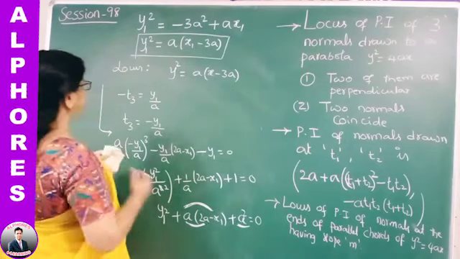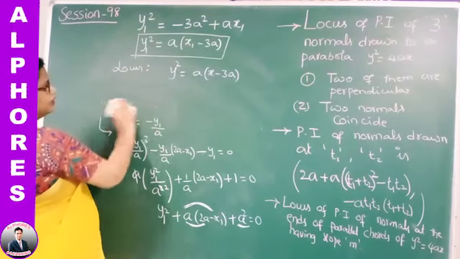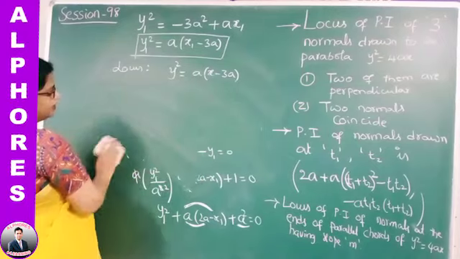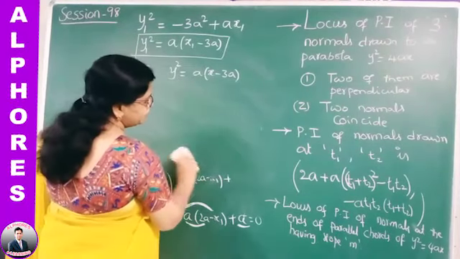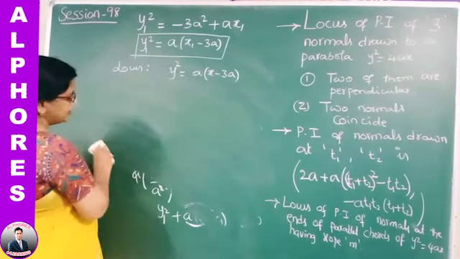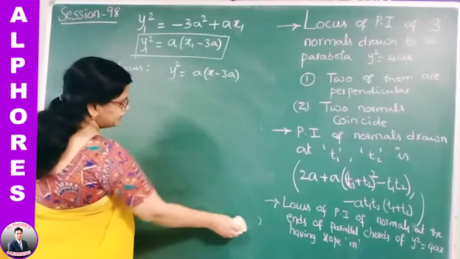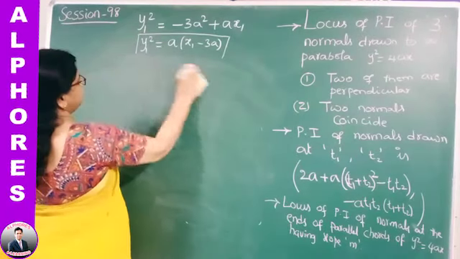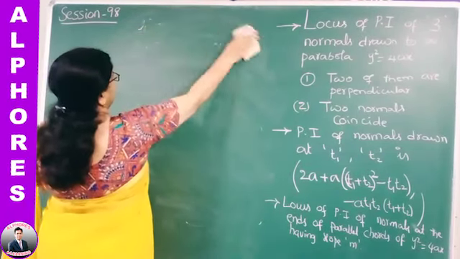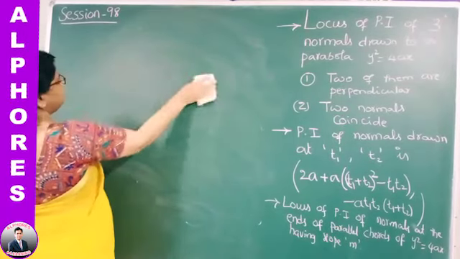Now let us observe, students, the second problem. It is given that two normals are coinciding, under the same condition, but two of them are coinciding. Now what is the equation of the normal?